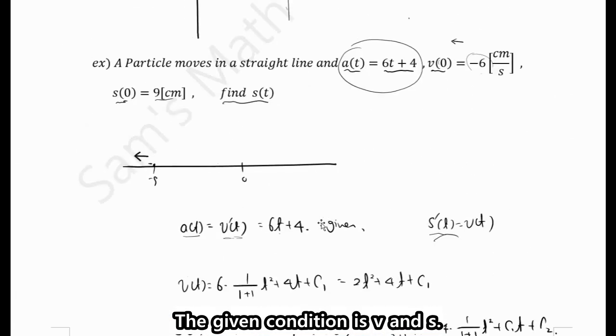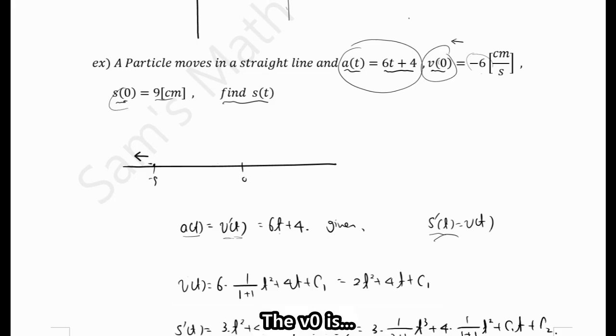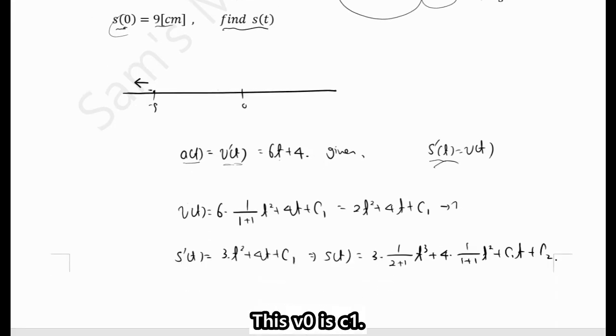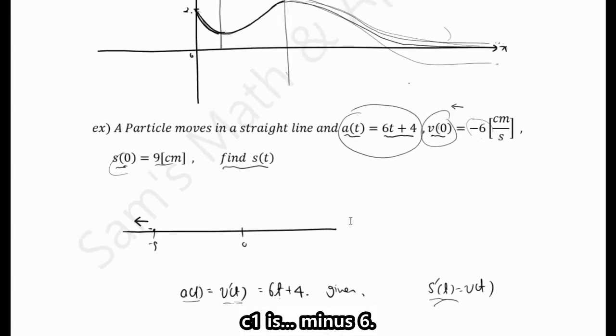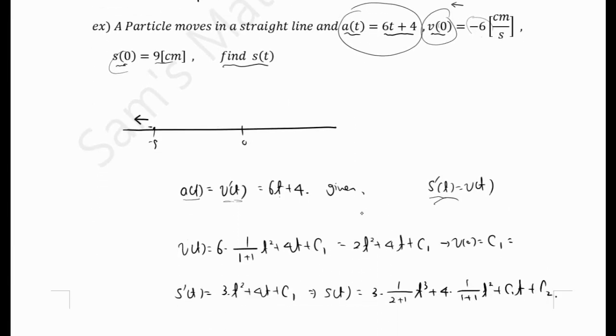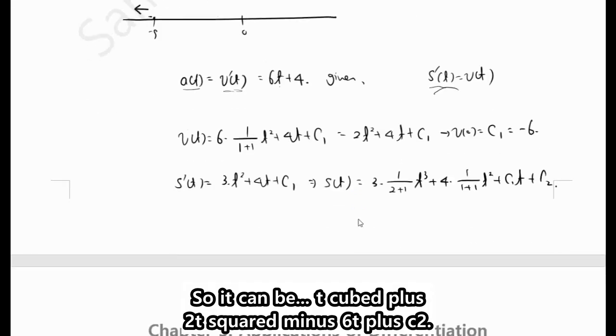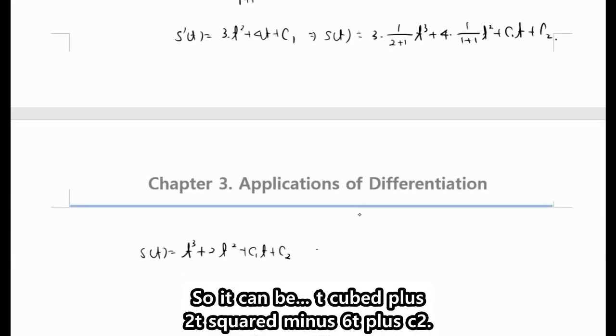The given conditions are v(0) and s(0). The v(0) is c1, and c1 is minus 6, so it becomes t cubed plus 2t squared minus 6t plus c2.